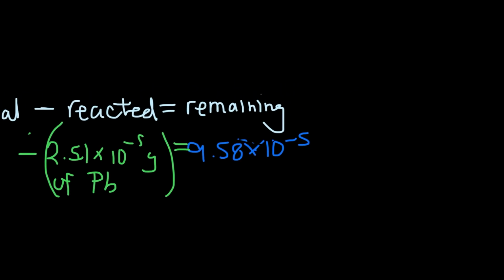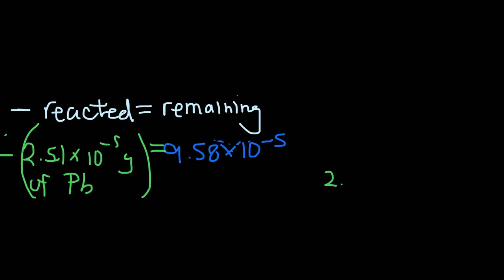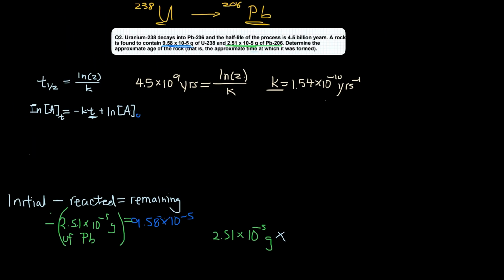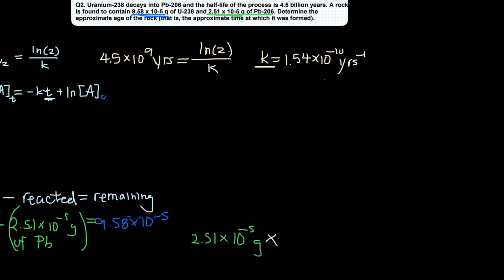To do this, we will use a simple ratio. This is the amount of lead that we have. And we know that for every 238 grams of uranium, it yields 206 grams of lead.